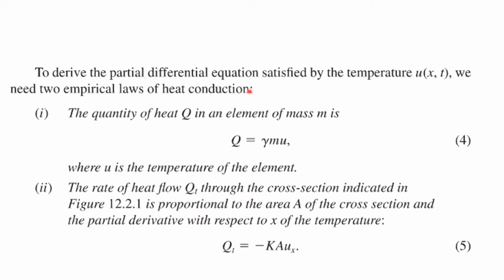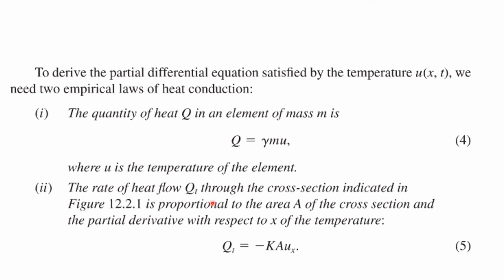To derive the partial differential equation satisfied by the temperature u of x and t, and you see it is a function of two variables because it changes over time, we need two empirical laws from heat conduction. So number 1, the quantity of heat, Q, which is energy, in an element of mass M is the specific heat times the mass times u. That's an element of mass, and u is the temperature of the element.